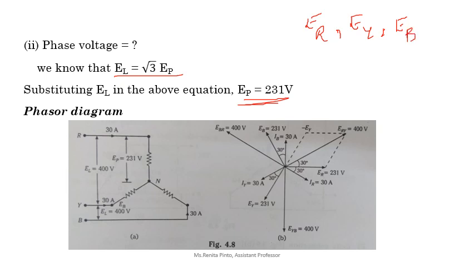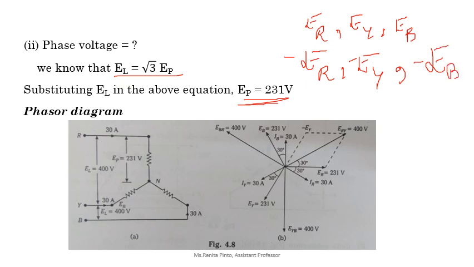Once you draw ER, EY, EB, the next thing that you can do is draw the negative of this, that is minus ER, minus EY and minus EB.